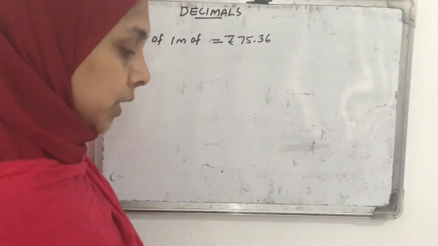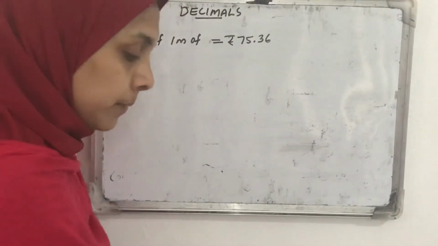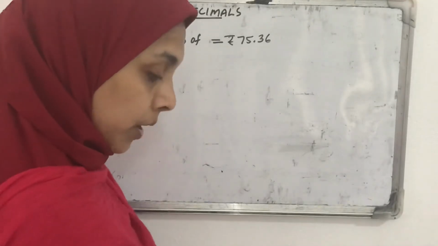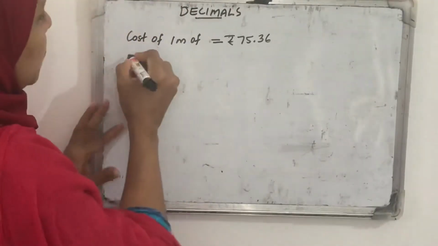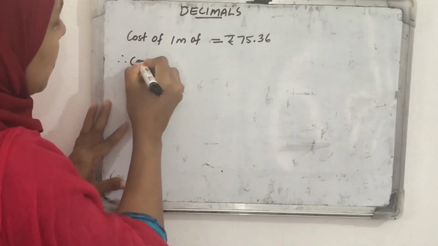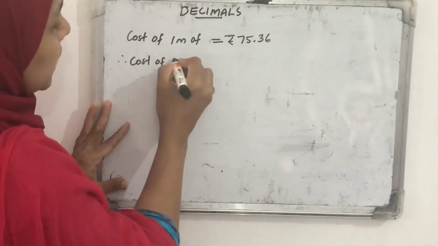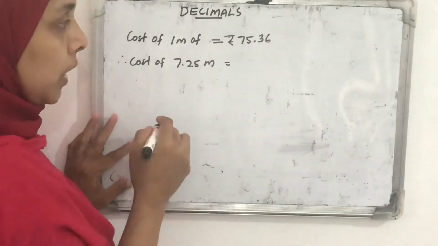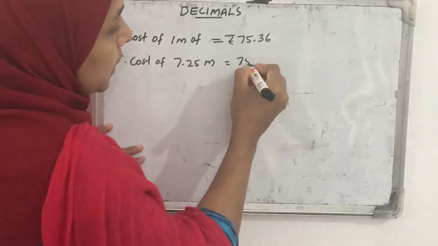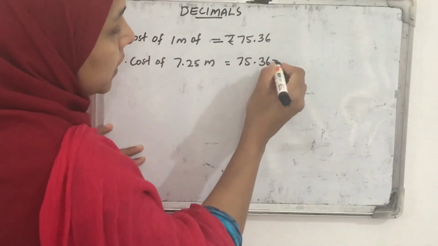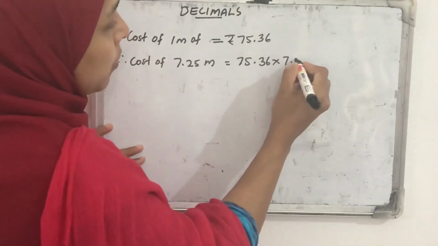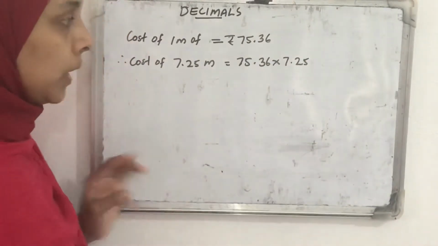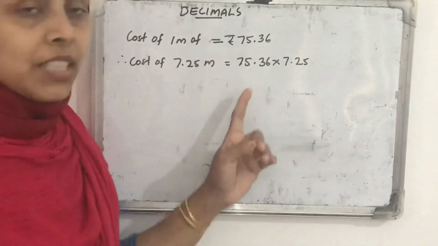We want to find the cost of how much? 7.25 meters. Therefore, the cost of 7.25 meters of cloth will be equal to 75.36 into 7.25. Multiply that. Now here both are decimal numbers.